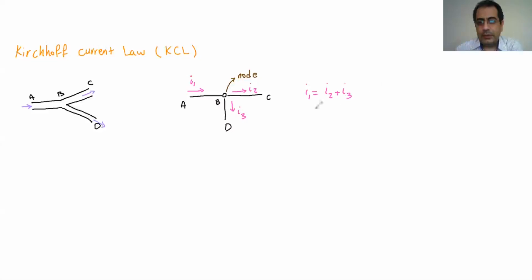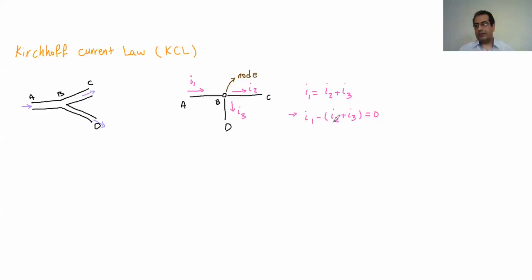In other words, if I rewrite that, I would say that I1 minus whatever leaves, whatever enters minus whatever leaves, should be 0. Usually it is up to you, but I myself mostly consider the current entering as positive and the one leaving as negative.